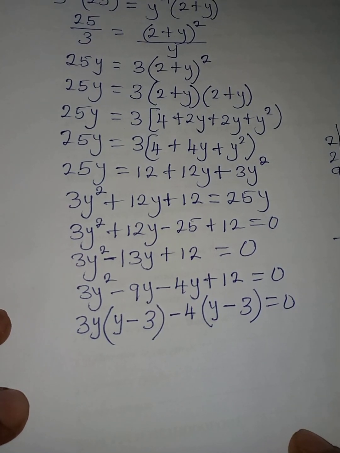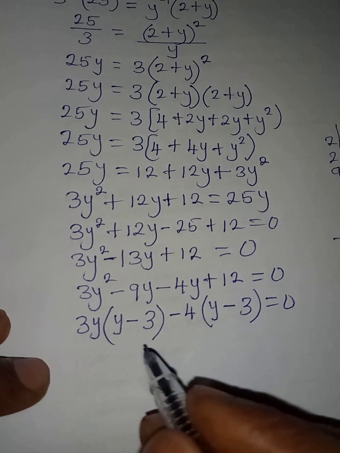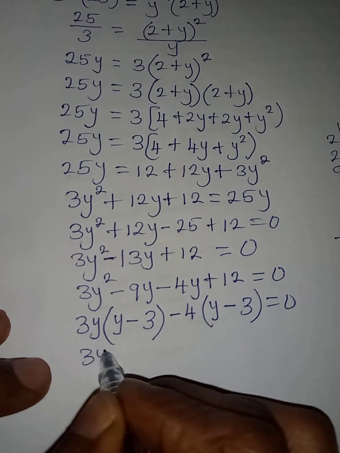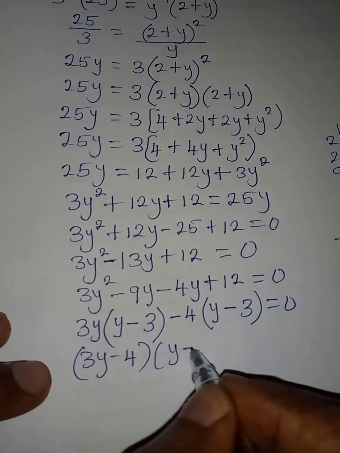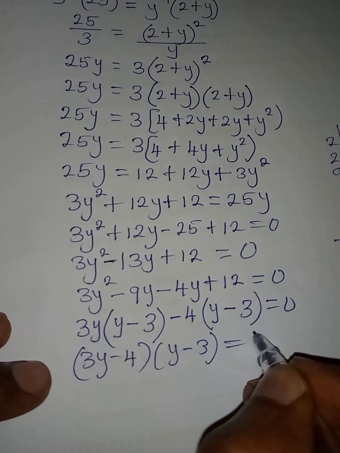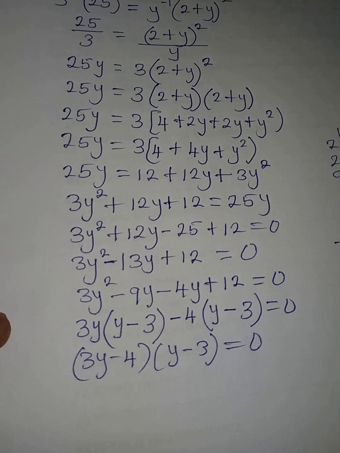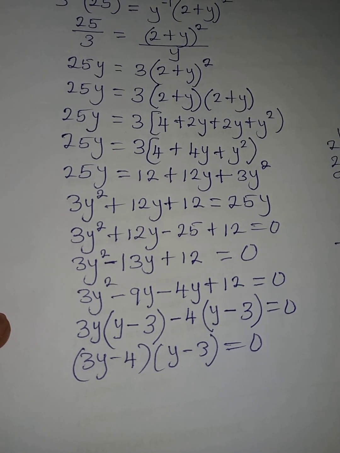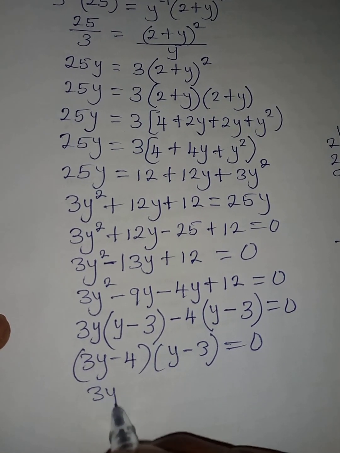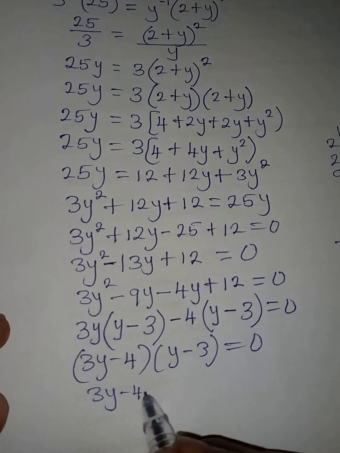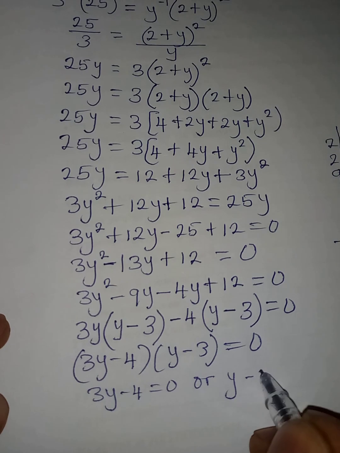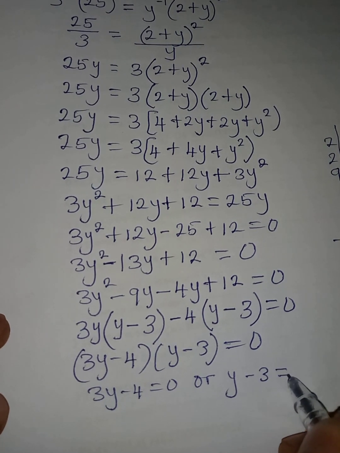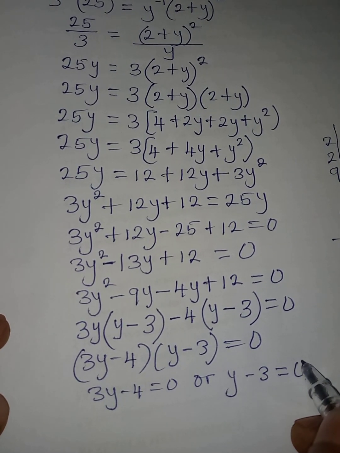Now we have the same thing in the bracket. Now we are going to factorize it again. 3y minus 4 will be on its own. And then we have y minus 3, everything equal to 0. So what are we expected to do from here? This means that 3y minus 4 is equal to 0, or y minus 3 is equal to 0.